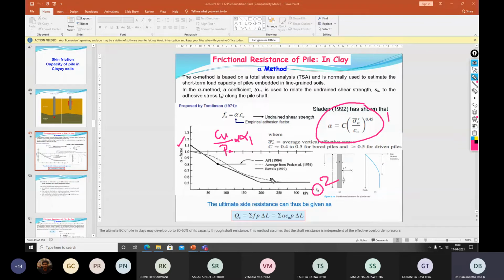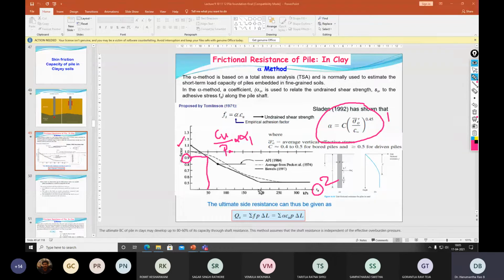Maybe you can follow the second method here. What is the value of the Cu of the first layer? 50.3. Corresponding to 50.3, you pick up the value of alpha, which is approximately 0.9.